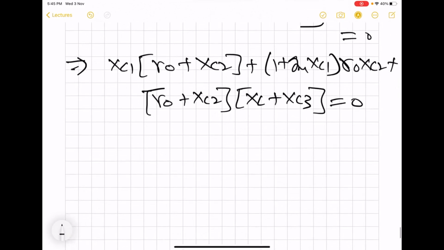Now if we compare this equation with the previous one that we had derived for the lossy case, we find that in place of R, we now have XC3. That is where the difference occurs.